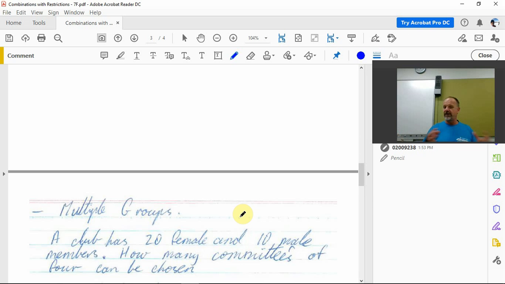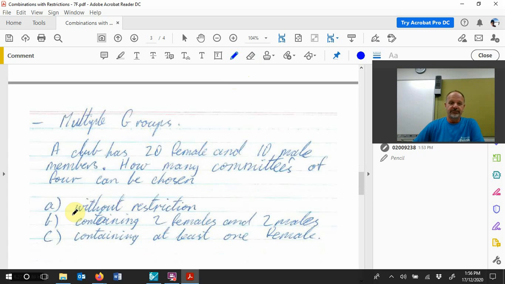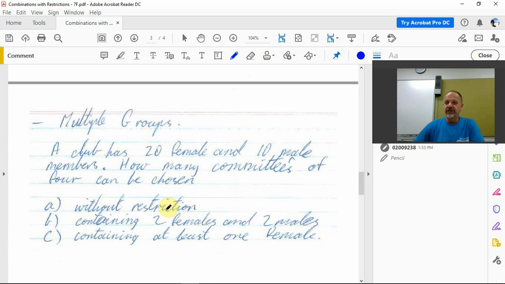All right, so we've got males and females. So do we have restrictions on numbers of each, or do we not? You need to read the question and have a look at the question. With this, it says without restriction, so it doesn't matter. Could have 2 females and 2 males, or 2 of each, containing at least 1 female.